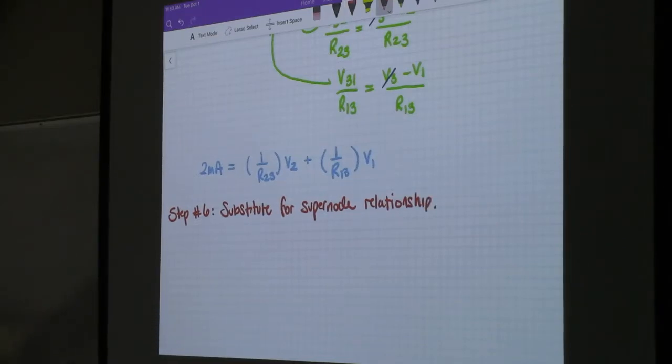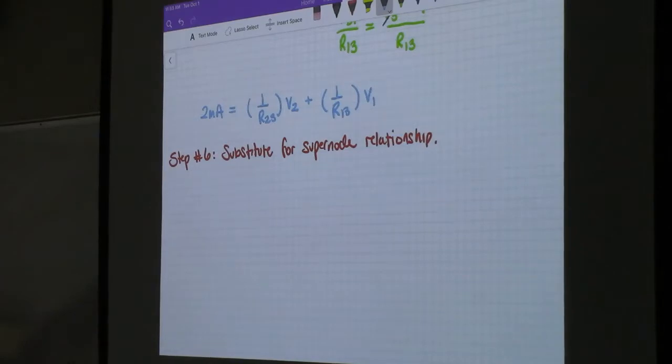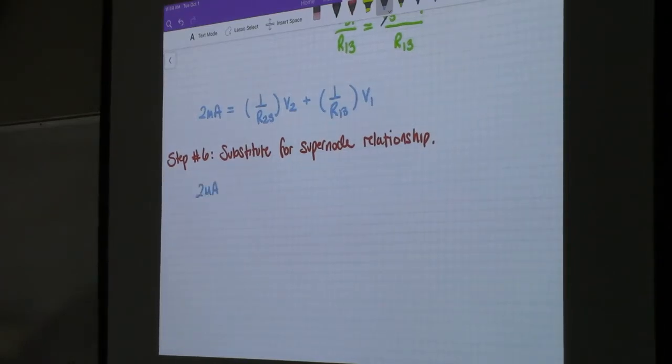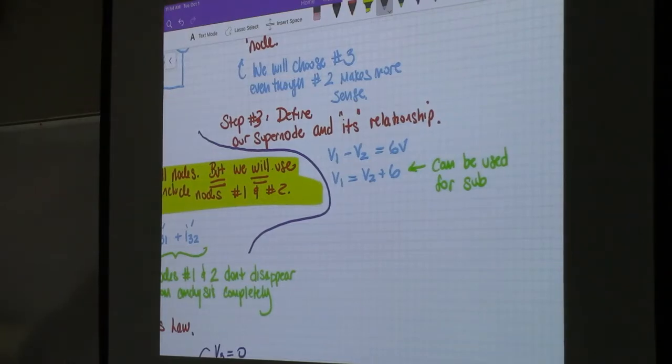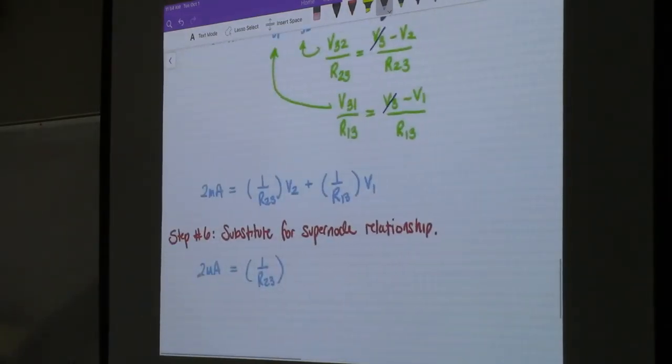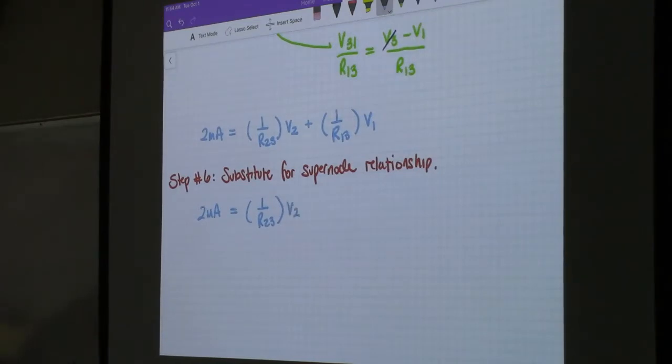What that leaves us with is 2 milliamps equals 1 over R23 times V2, plus 1 over R13 times V2 plus 6. We replaced V1 using the relationship we pulled from up above.